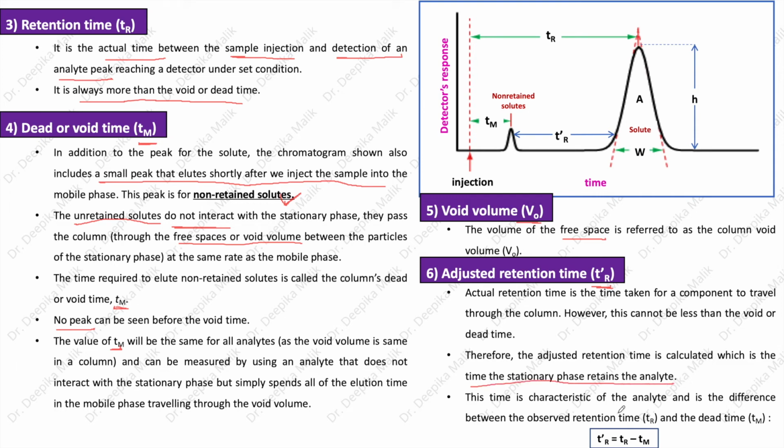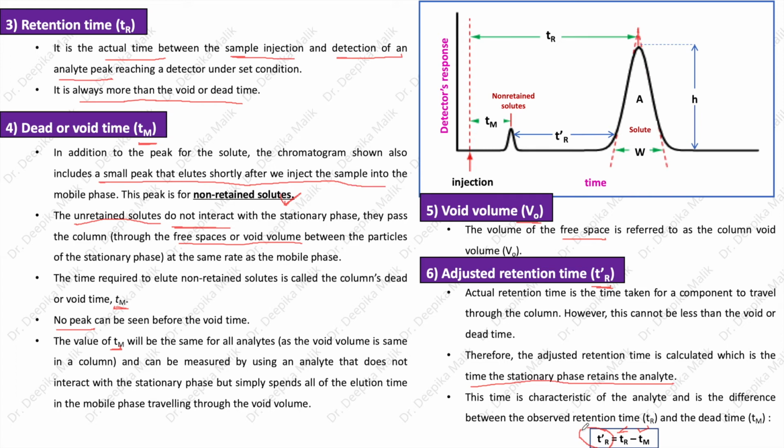This time is characteristic of the analyte and is the difference between the observed or actual retention time and the dead time. So when we subtract the dead or void time from the actual retention time, it will give the time when the analyte is in actual contact with the stationary phase.